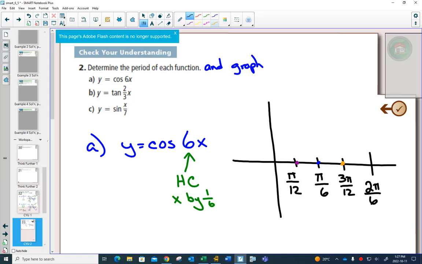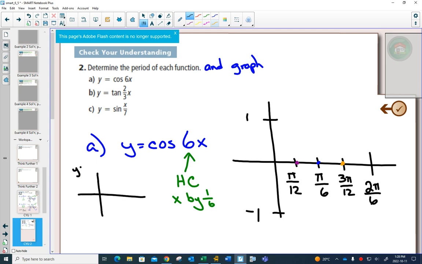What's the amplitude of this one? It's still 1. Nothing's affected the y. So we can go on our y-axis and put 1 and -1. And then we have to think about our parent graph. Where does a cosgraph start? You'll hear me saying this often.